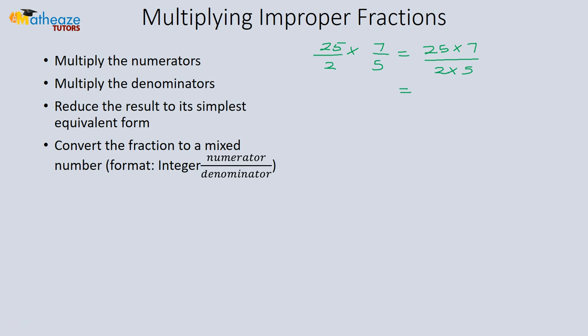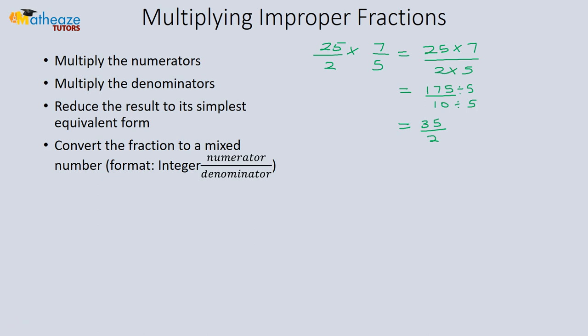So 25 times 7 gives us 175. 2 times 5 gives us 10. So we can see here, because the numbers end with 5 and 0, that 5 is a common factor. 175 divided by 5, we have 35 there, and we have 2.